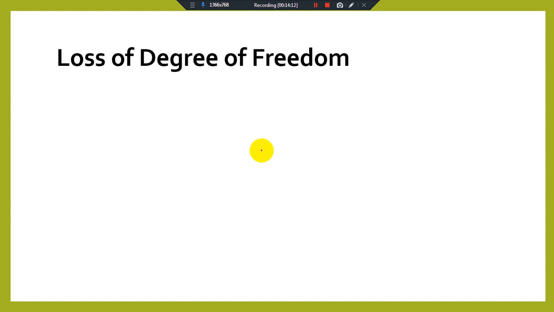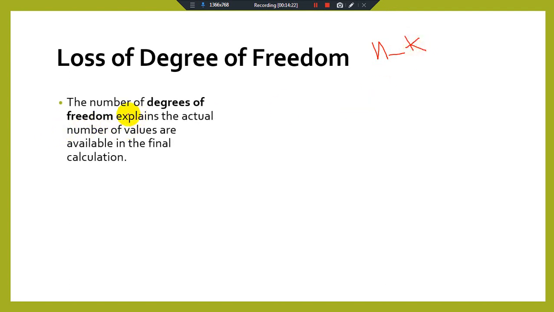Okay, loss of degree of freedom. What do you mean by degree of freedom? When you are talking about the degree of freedom, it is n minus k. So what does degree of freedom explain? The number of degrees of freedom explains the actual number of observations available in final calculations.